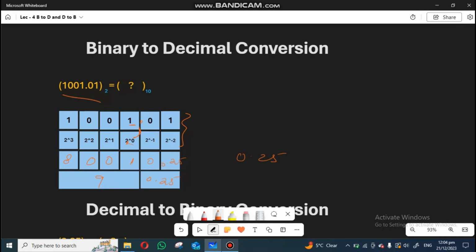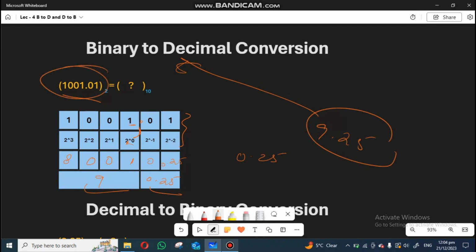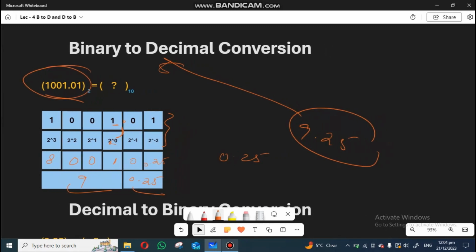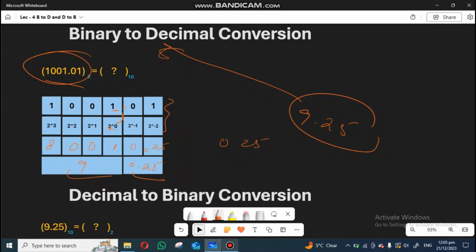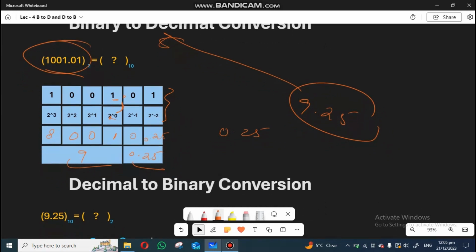So I've got two numbers here, the right one and the left one. I'm going to merge those numbers with each other, and I get 9.25, which is the decimal equivalent of this binary number. This is how, using a small table just like this, you can convert your binary number into a decimal number.